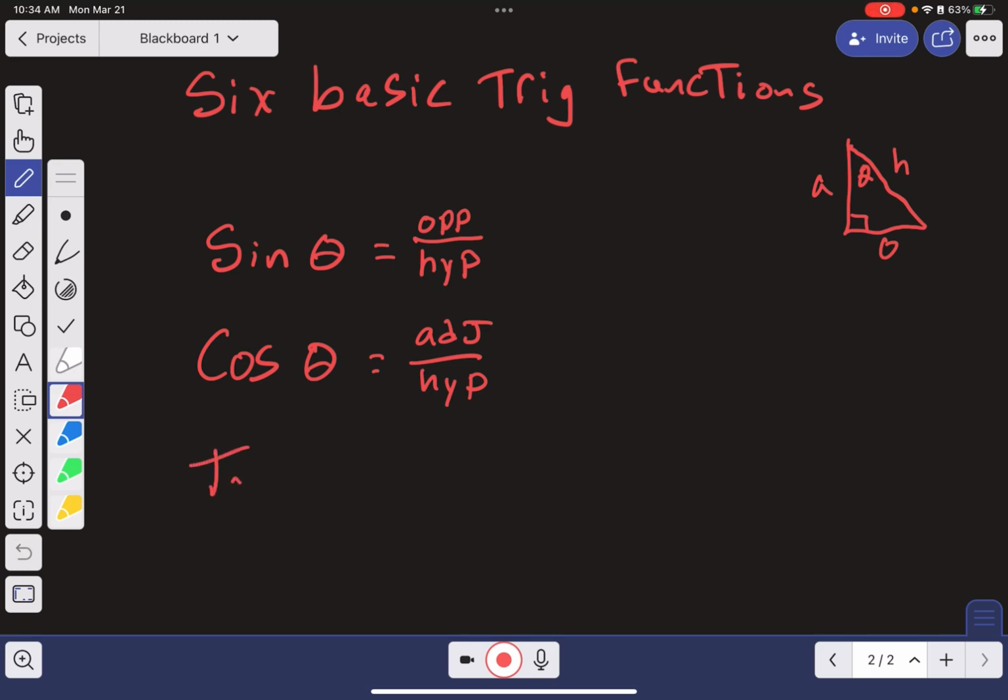The third one that you're familiar with is the tangent ratio. Tangent ratio is opposite over adjacent. A lot of times you'll hear us say sine is O over H, cosine is A over H, tangent is O over A.